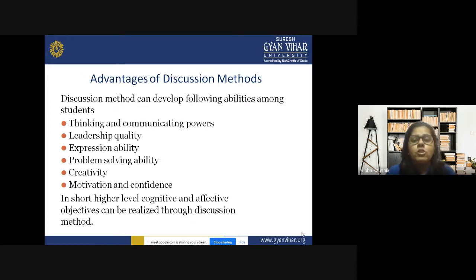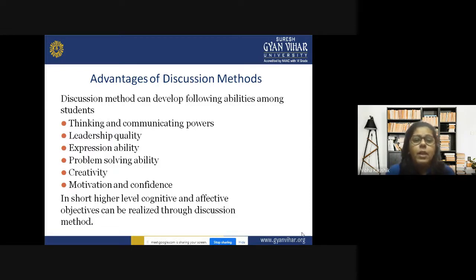Now, advantages of discussion method. Discussion method can develop the following abilities among students. Means if the teacher is using the discussion method in the class, then that discussion method will help the teacher to develop the following abilities among the learners.